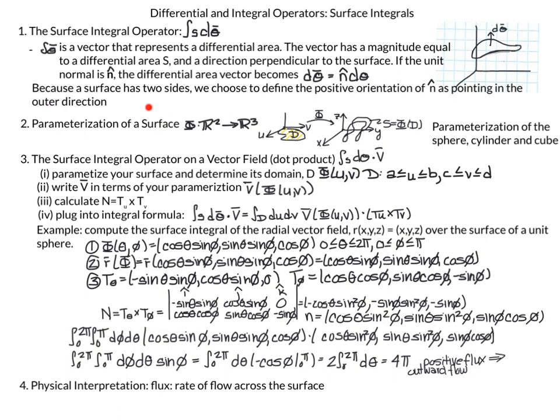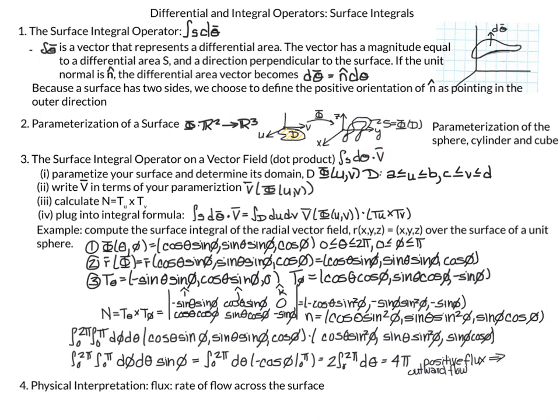Once we know how to parameterize a surface, we can use this surface integral operator on a vector field using the dot product. So we're going to do surface integrals of a vector field, and the symbol here is the integral over the surface d sigma dotted with V, our vector field.